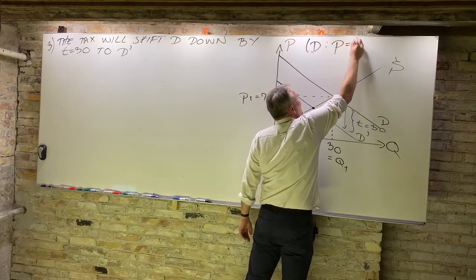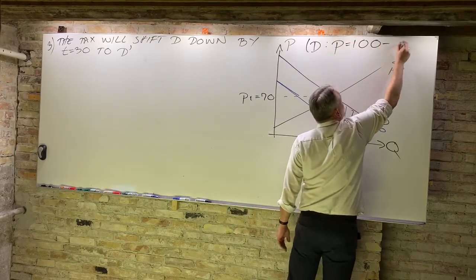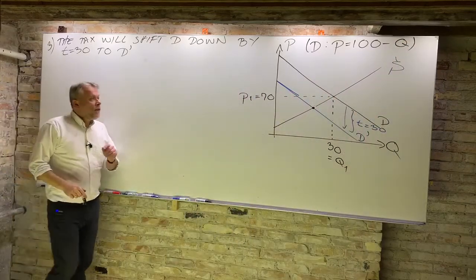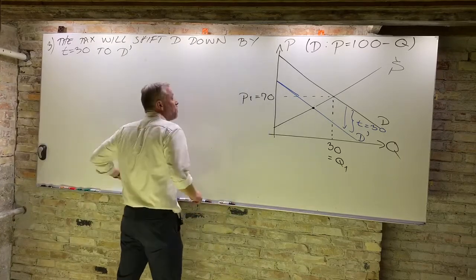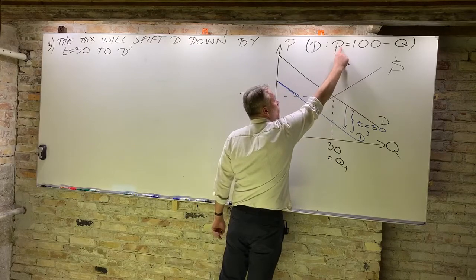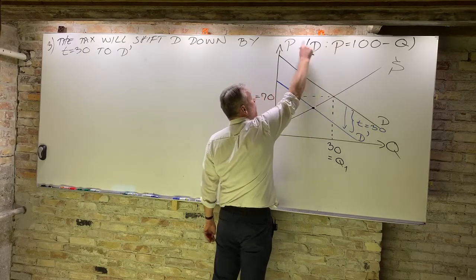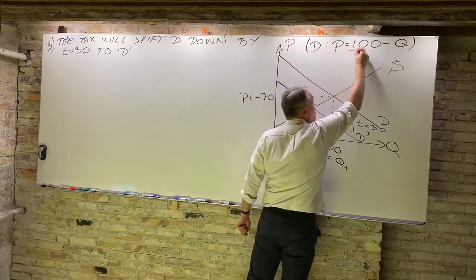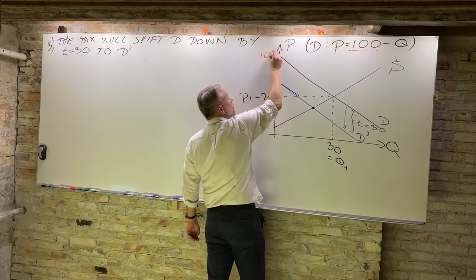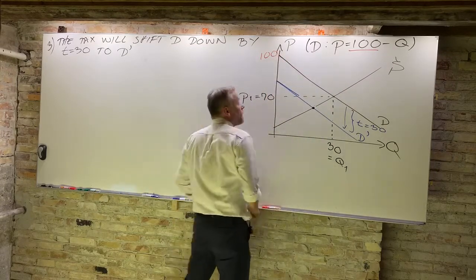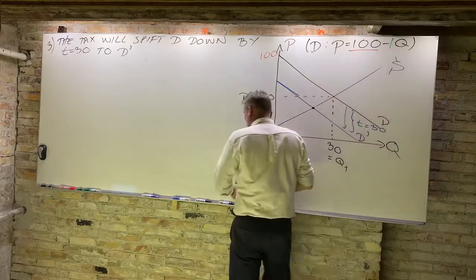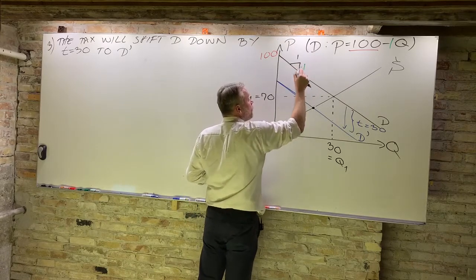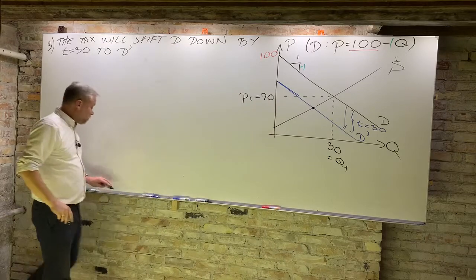Specifically, the original inverse demand curve, which was P equaling 100 minus Q. The point is that what that tells us is that the original demand curve here, since we've got P on the left-hand side of the equality sign and on the vertical axis of the diagram, what that then tells us is that this constant here corresponds to the vertical intercept, and it tells us that this invisible one over here corresponds to the slope of the demand curve, the original demand curve, or -1 to be specific.